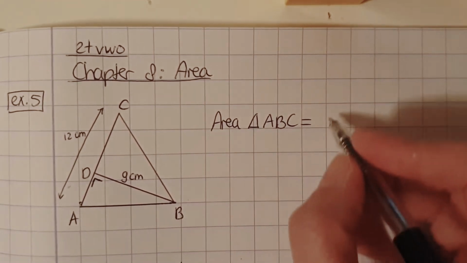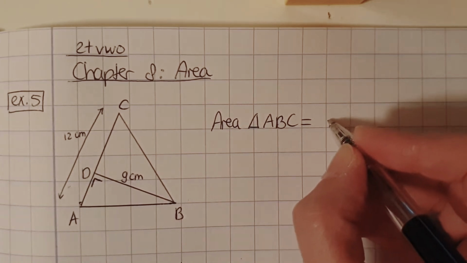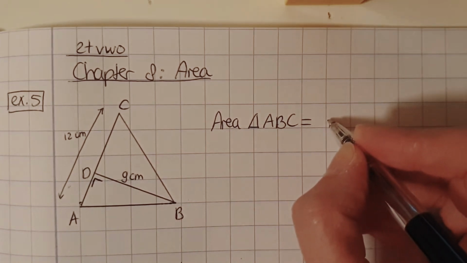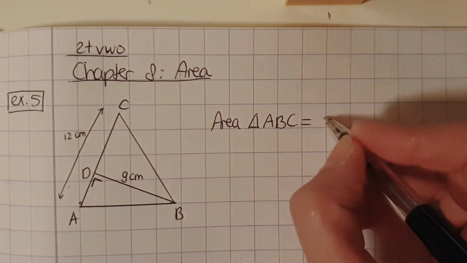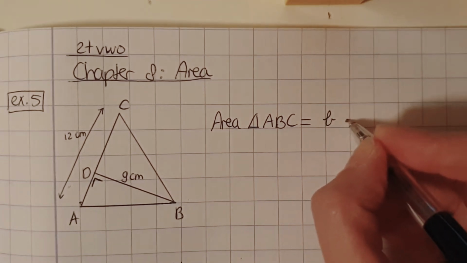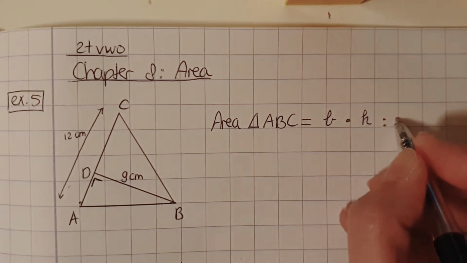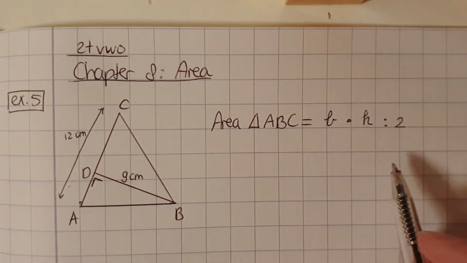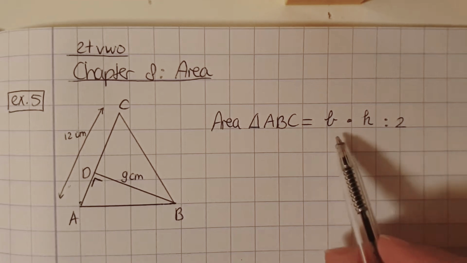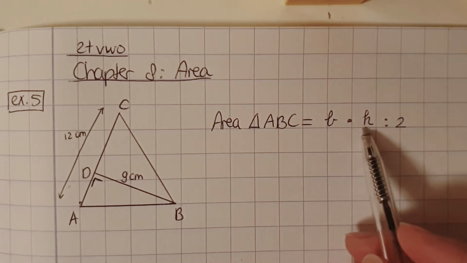First, you write down what the formula is. It's base times height divided by 2. Now, we're looking for a base and then a corresponding height.